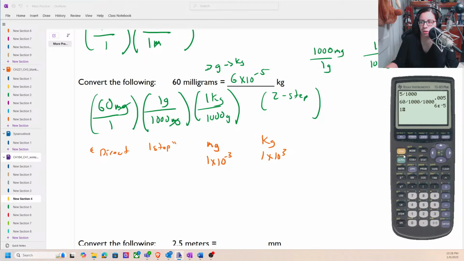So that means 1. Notice how I use this little second E button. So 1 times 10, that E means 1 times 10. So that's 1 times 10 to the third divided by 1 times 10 to the negative third.